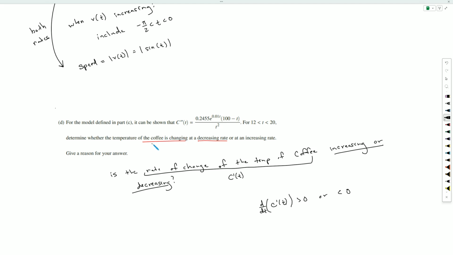So the real question is, the temperature of the coffee is changing. Okay? It's changing. To me, that's rate of change. But okay, it's changing at a decreasing rate or an increasing rate. Is that fundamentally different than asking you, is the rate of change decreasing or increasing? I don't know. I think it's harder to defend that it means something different, personally.